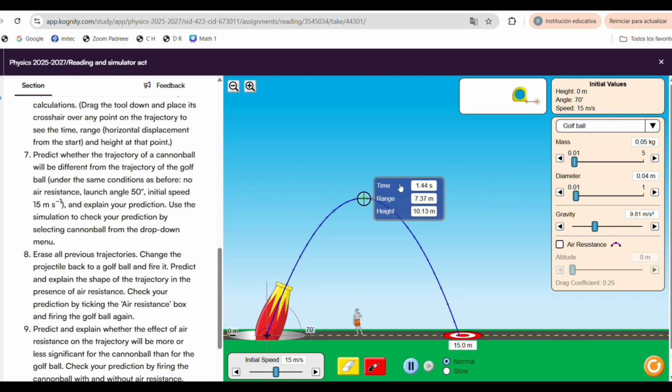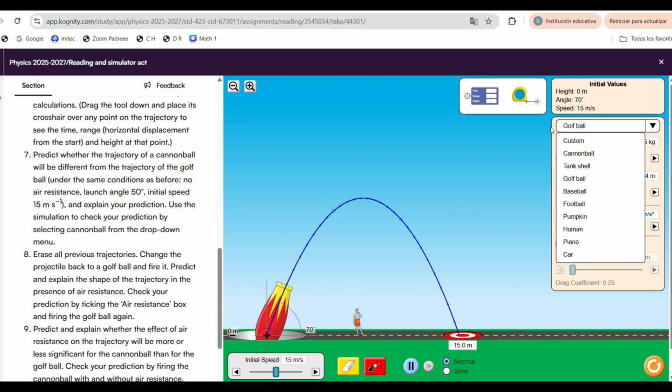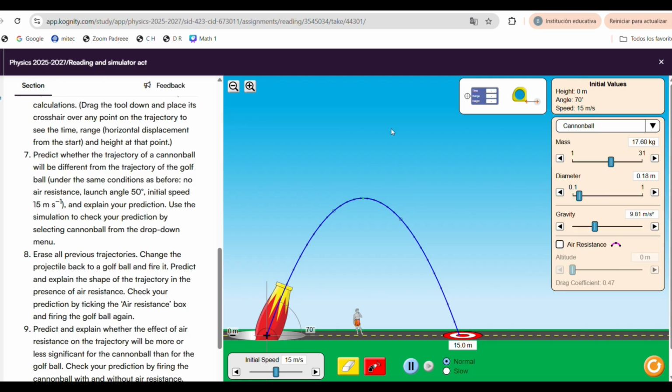Now we have to do some predictions based on our physics knowledge. The first one is, will changing our golf ball to an actual cannonball affect the trajectory of our parabola?